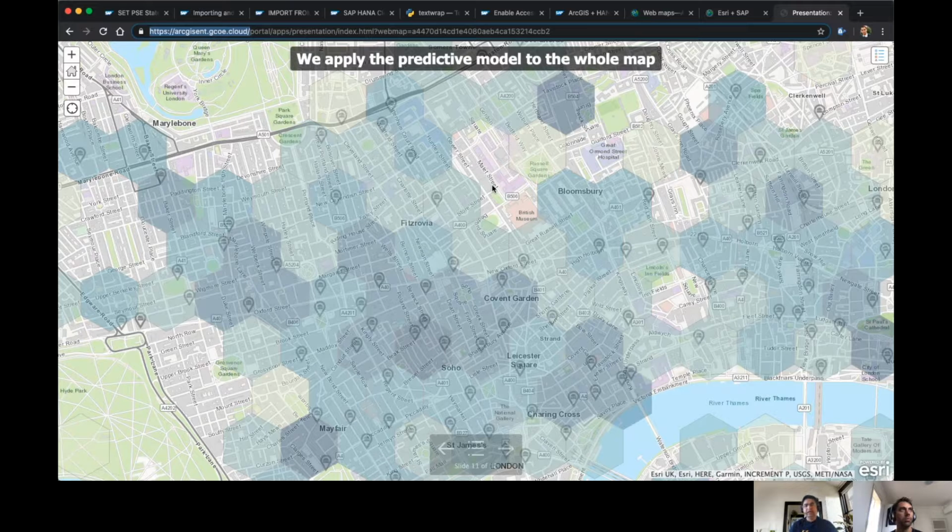Could you also explain a bit of the architecture? I understand Hana Cloud and ArcGIS are sitting on each other, but why are we not using something like data intelligence, for example, to gather all the data in real time? Because this data was loaded in one shot.